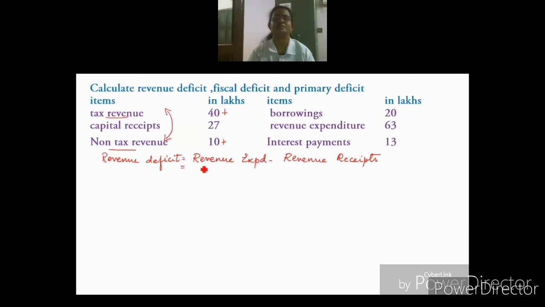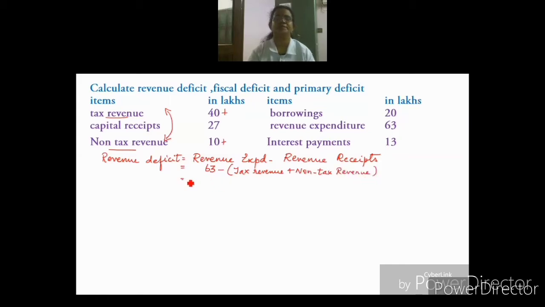Revenue expenditure is 63 lakhs minus tax revenue plus non-tax revenue.